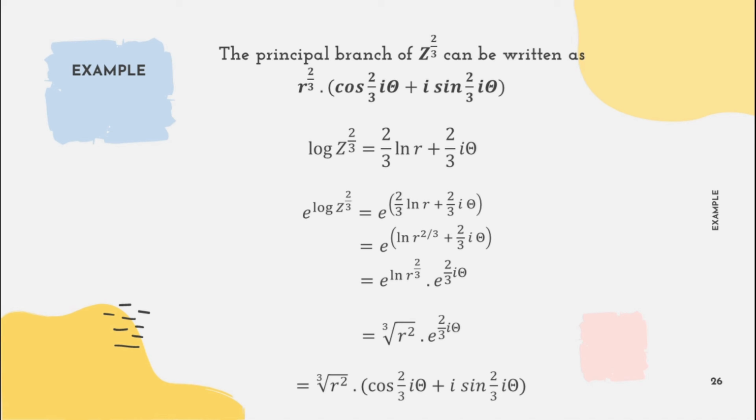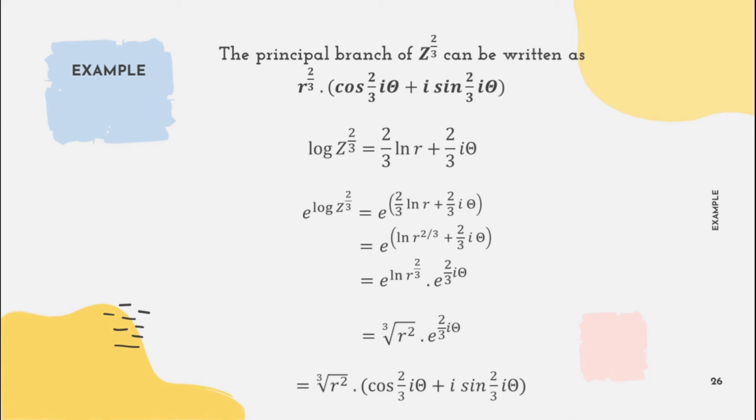By using the properties of the exponential function, exp((2/3) ln r plus (2/3) i theta) can be written as exp(ln r^(2/3) plus (2/3) i theta). And by using the properties of the exponential function again, the expression can be written as exp(ln r^(2/3)) times exp((2/3) i theta).